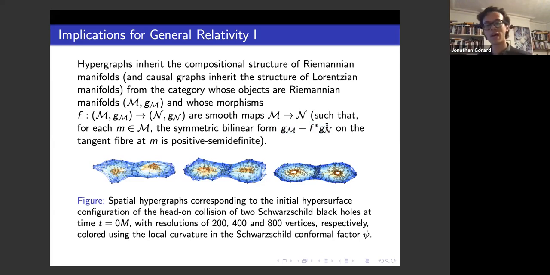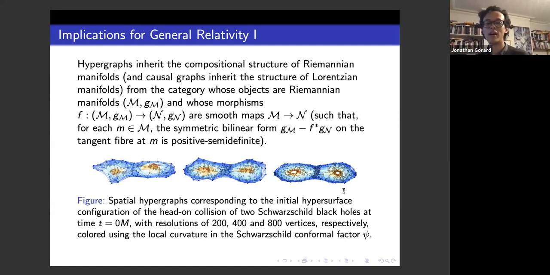So for instance, we can use that to find examples of hypergraph rewriting rules that obey the Einstein field equations in the continuum limit. As a nice example of that, here's a pair of Schwarzschild black holes that are being collided together, where the dynamics is given entirely by hypergraph rewriting rules. So these are just ordinary directed hypergraphs.